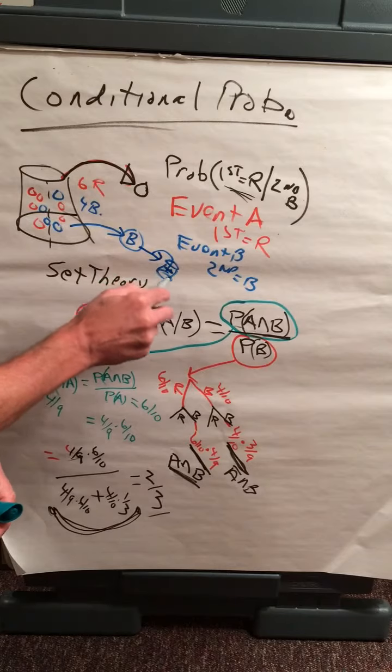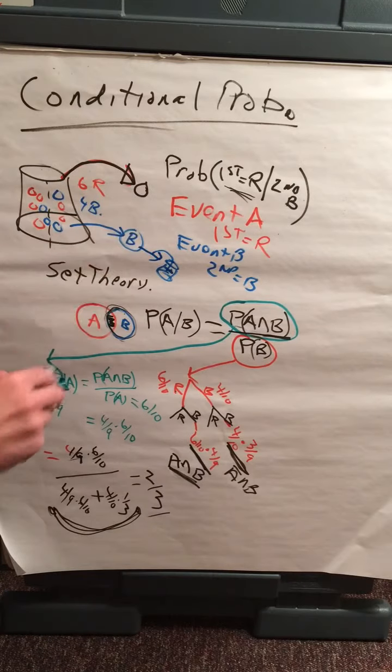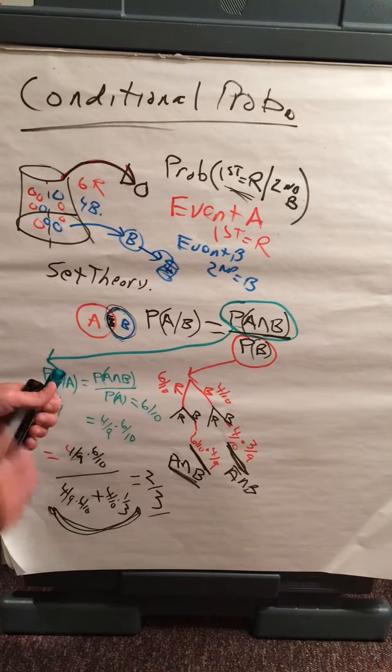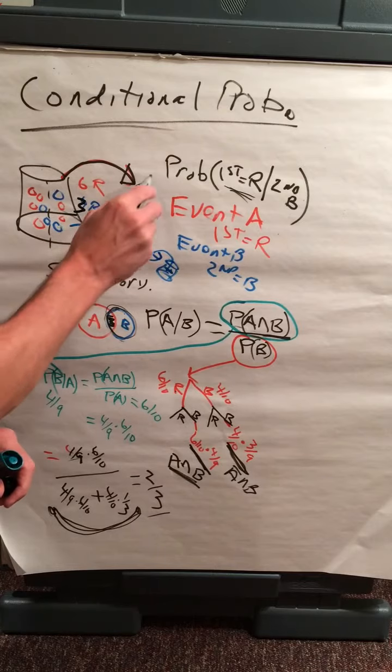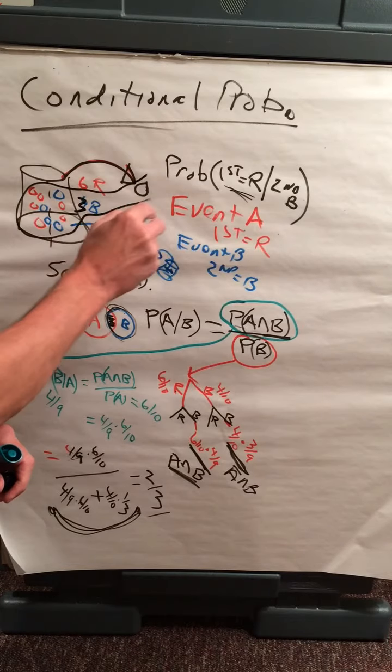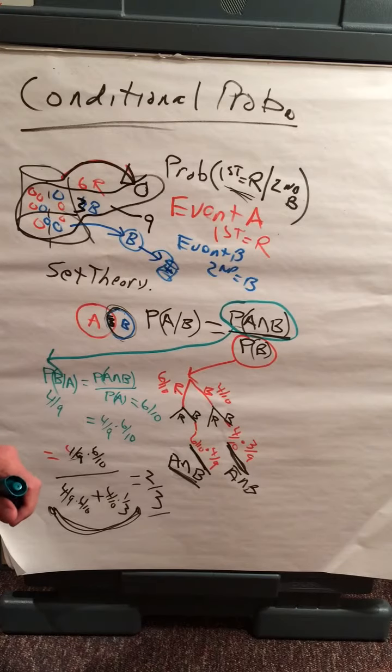That's gone. Now we're left with, instead of 10 balls, 9 balls. So let's look at these 9 balls. That ball's gone, so now it's 3. Out of those 9 balls, how many of them are red?